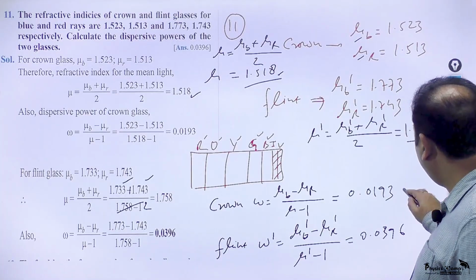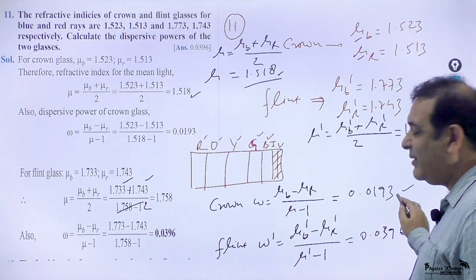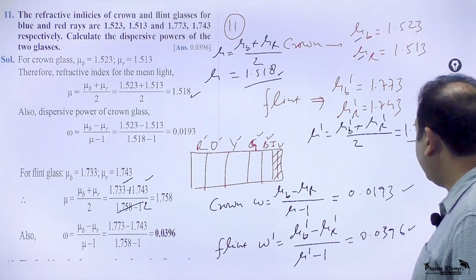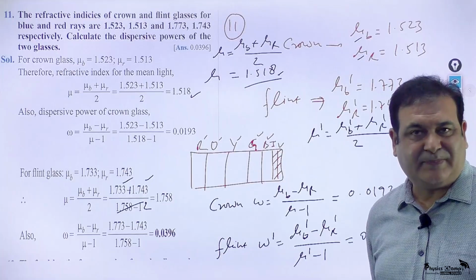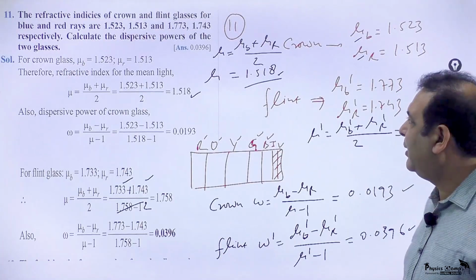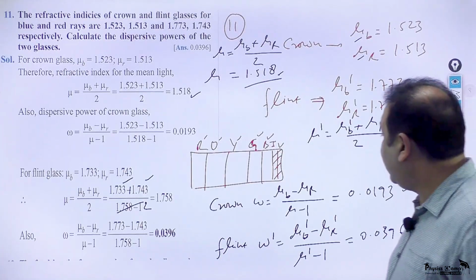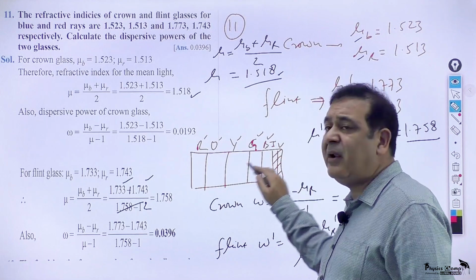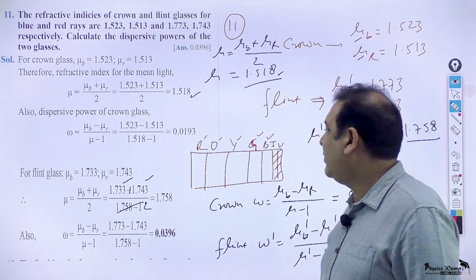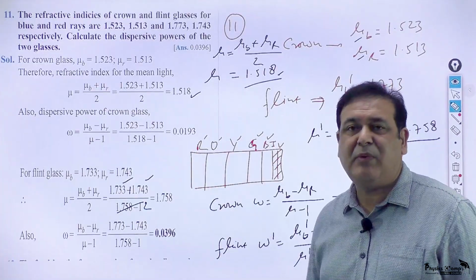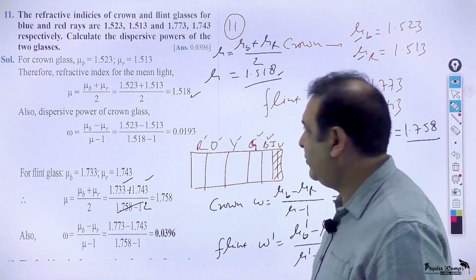Similarly, the dispersive power of crown is less and that of flint is much more. Also you learn that if you are given blue as the edge color, no matter, you can take the mean refractive index as (mu r plus mu b) by 2.